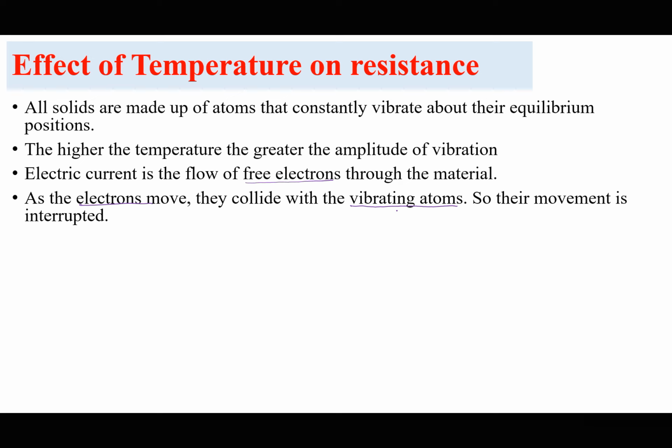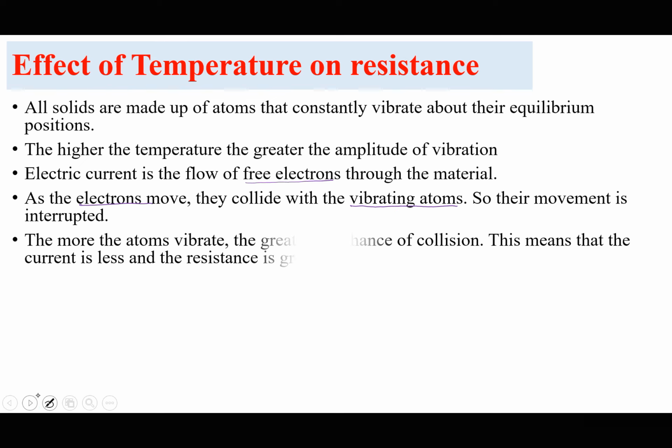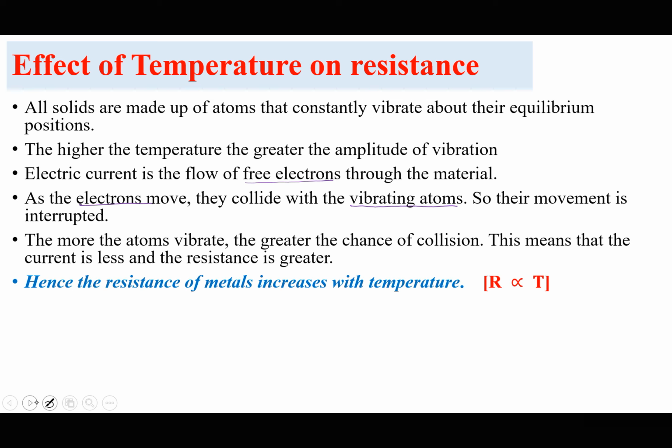The movement of the free electrons, which constitute the current, is interrupted by the vibration of these atoms. So the more the atoms vibrate, the greater the chance of collision with the electrons. This means that the current is going to be less and the resistance is going to be greater. Hence, the resistance of metals increases with the temperature.